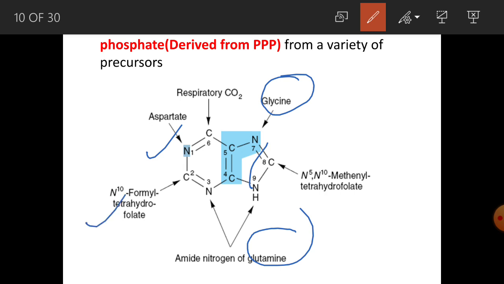The remaining 2 carbons are donated by one carbon moieties, that is N10 formyl tetrahydrofolate and N5 N10 methenyl tetrahydrofolate. So, in a nutshell, we get the 4 nitrogen atoms from 3 amino acids, aspartate, glycine, glutamine. The C6 is obtained from respiratory carbon dioxide, and the 2 one carbon moieties provide C2 and C8.